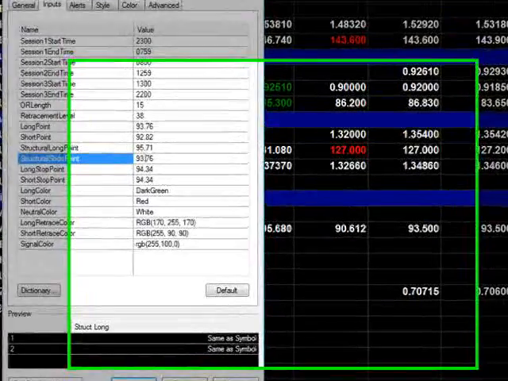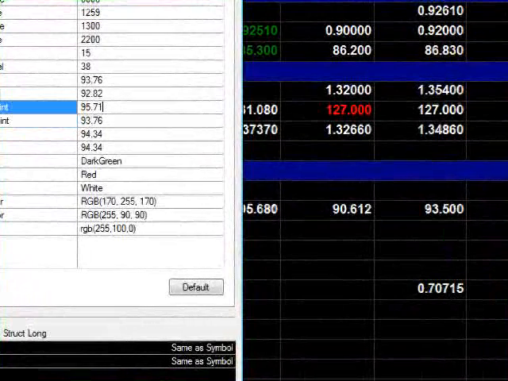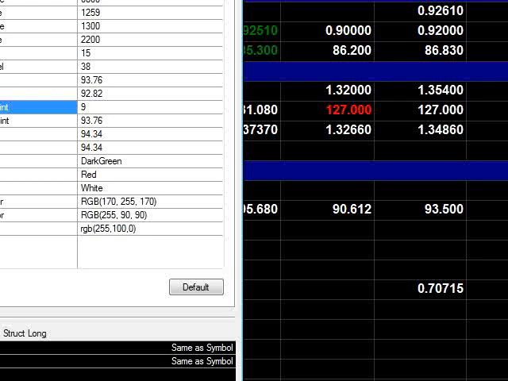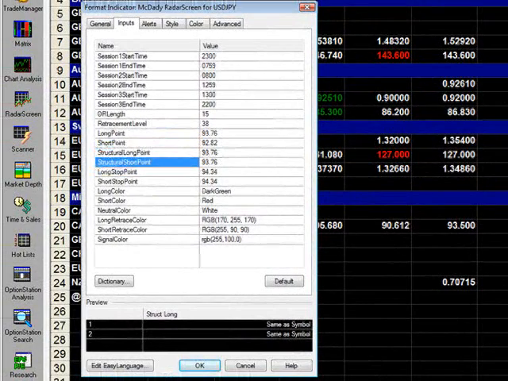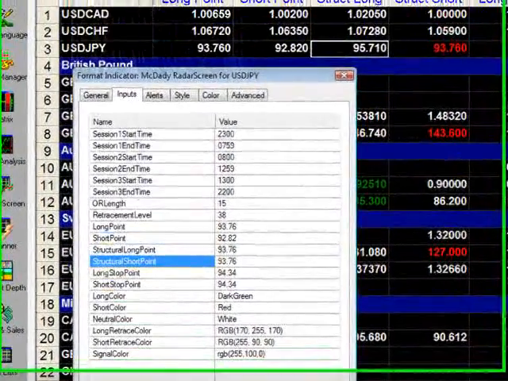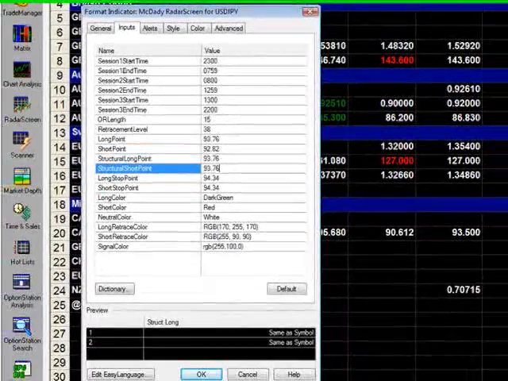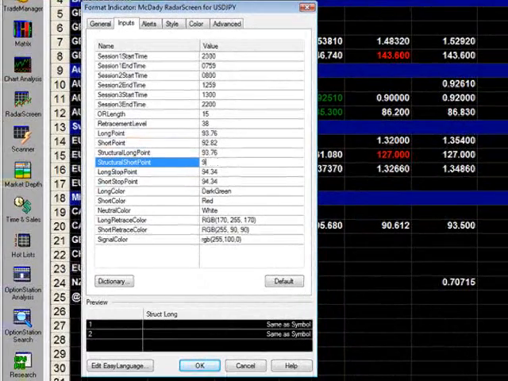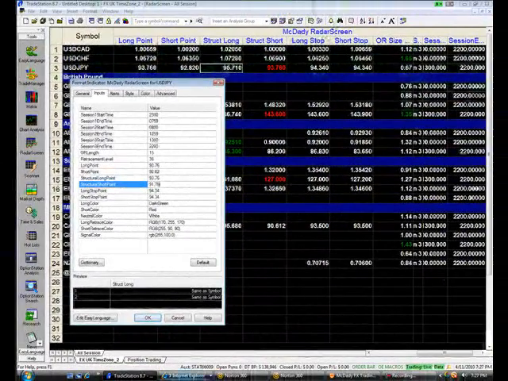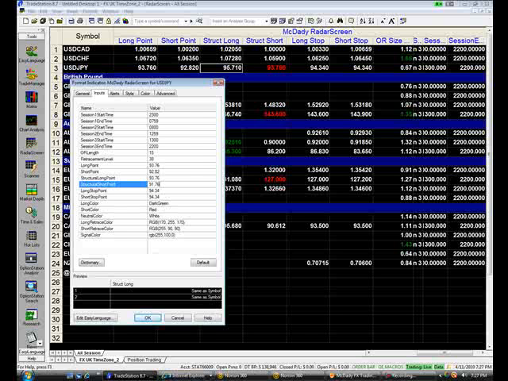Instead of the structure short being 93.76, now it is going to be the structure long, because if it gets above it, you want to be buying. And your structure short in this case is going to be the 91.76.